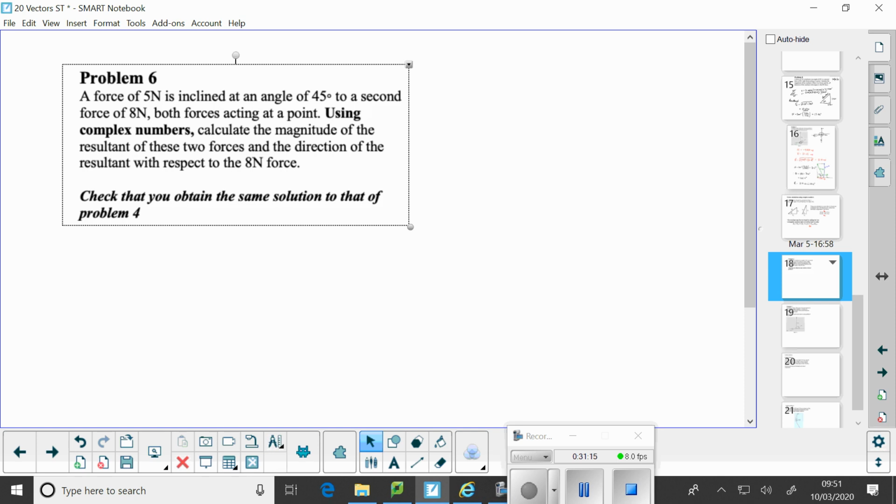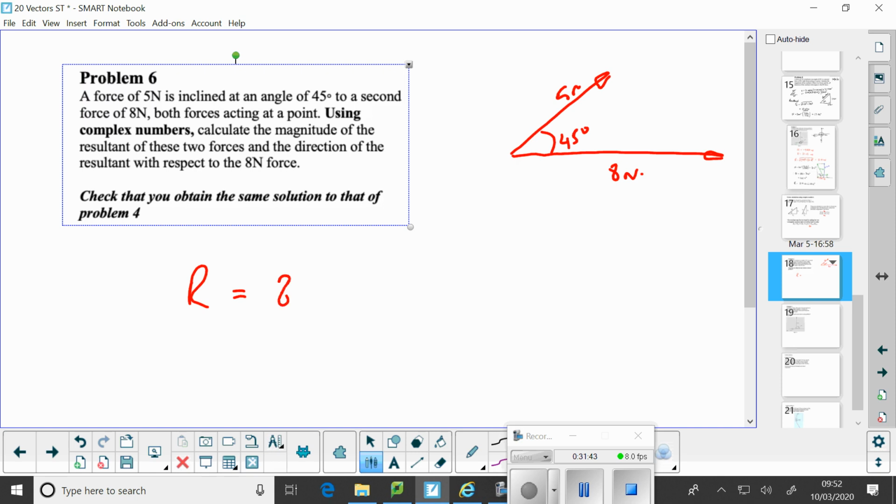So what we've got here is a force of 5 newtons at an angle of 45 degrees from a force of 8 newtons. We'll call the result R, equal to 8 angle 0 degrees plus 5 angle 45 degrees.